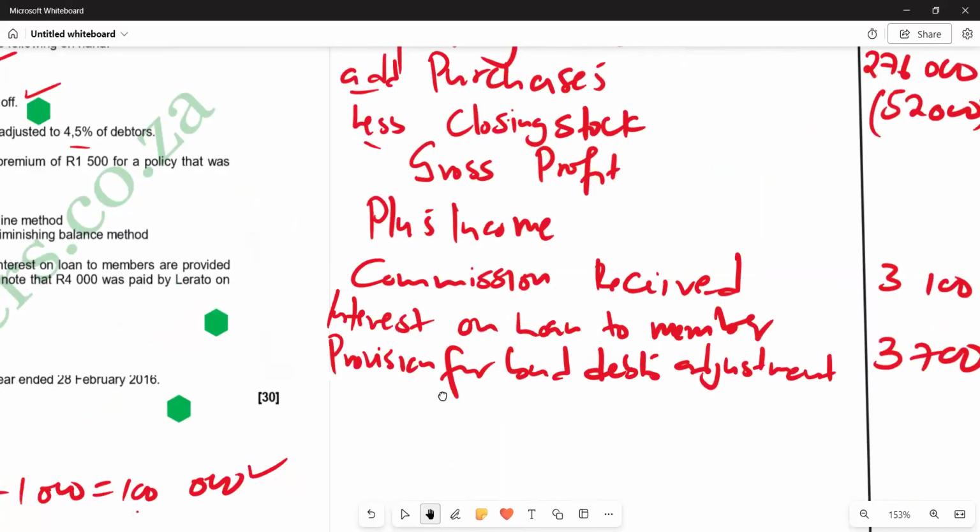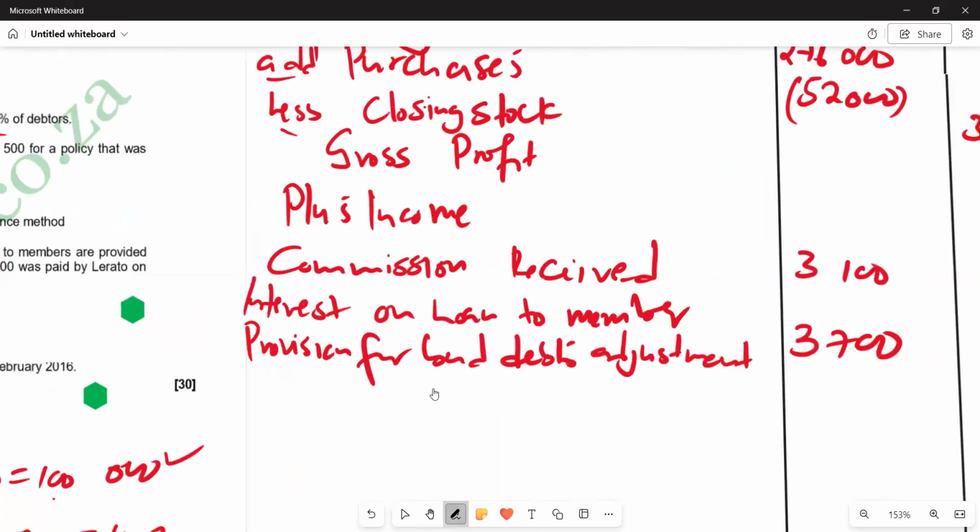So maybe we can just try to correct this one so that we put it in line with the description, 3,700. Then provision for bad debts adjustment, we got it as 300. So these are the incomes that we have. And then we can add 300 plus 3,700 plus 3,100, and then we're going to get a total of 7,100.